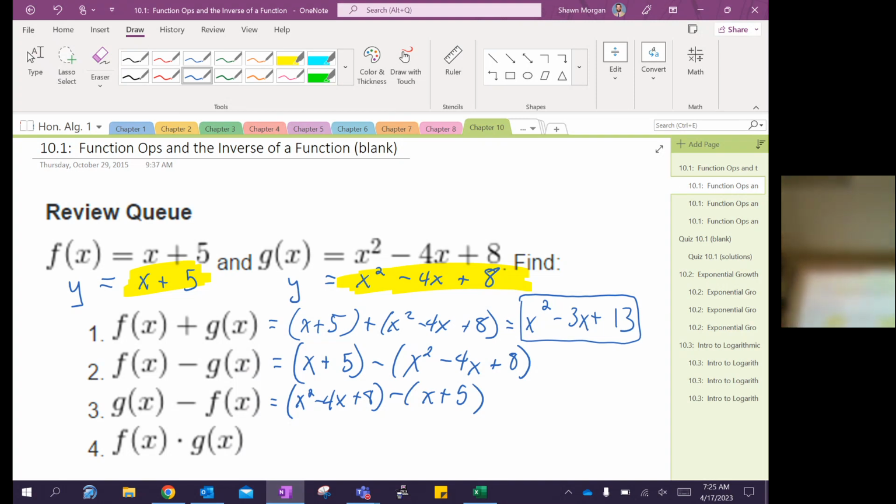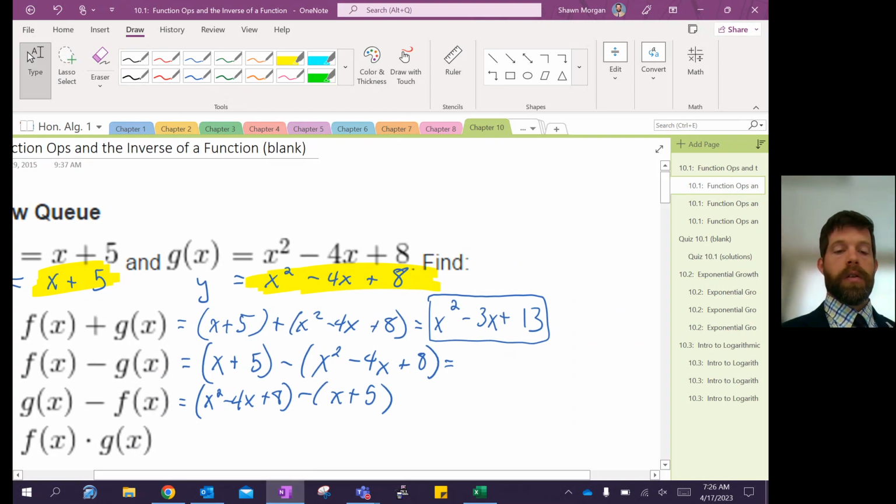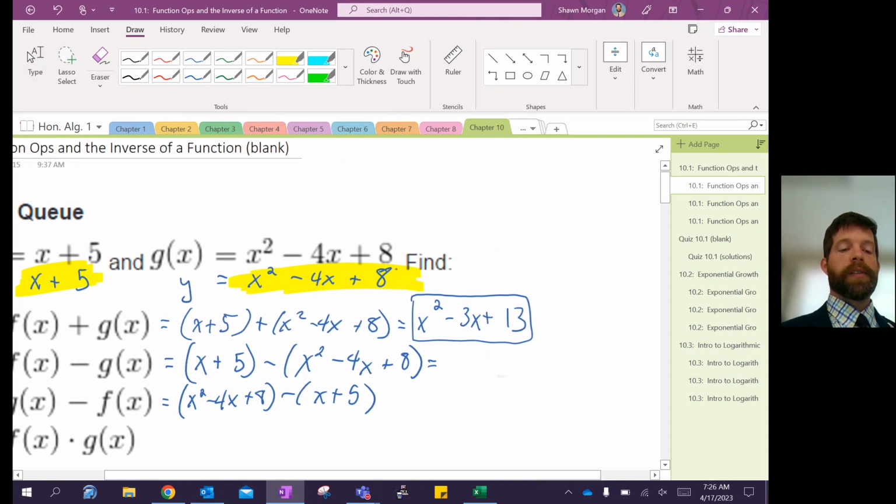All right, Nicholas, you were talking to me about changing the sign of each of those terms. So what'd you get in number 2? Speak up. Oh, f of x minus g of x.